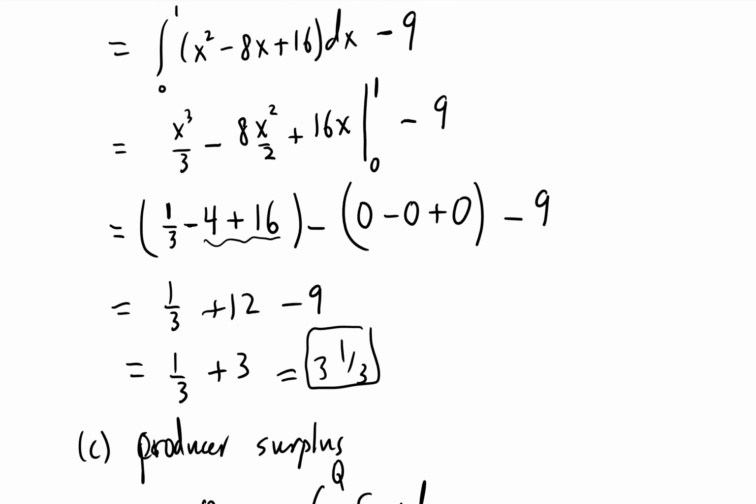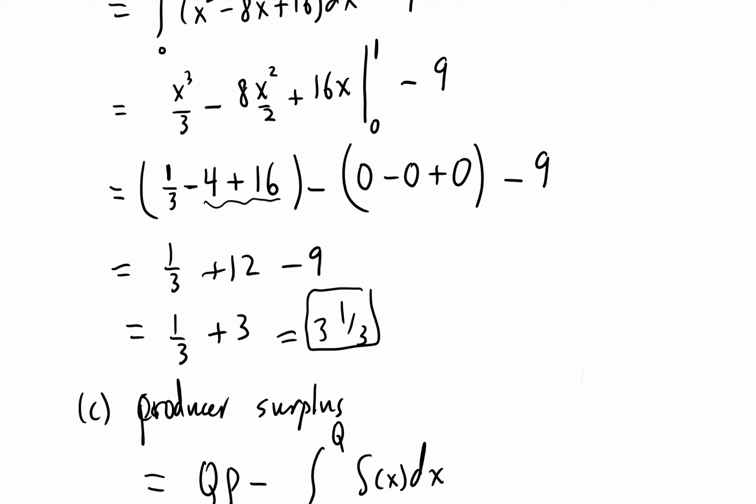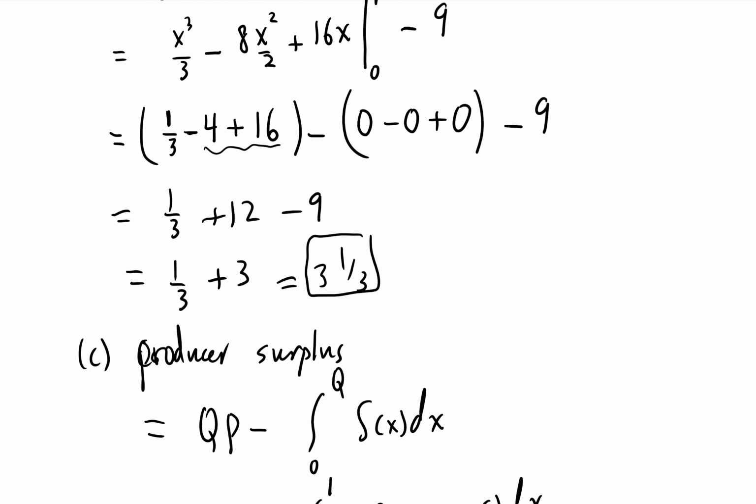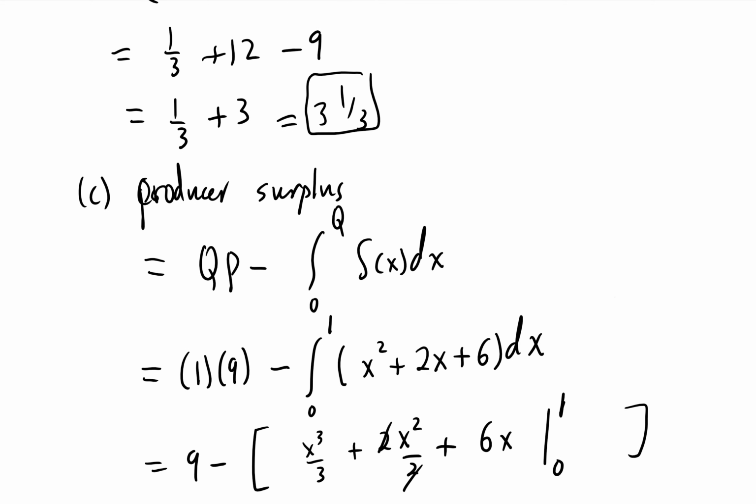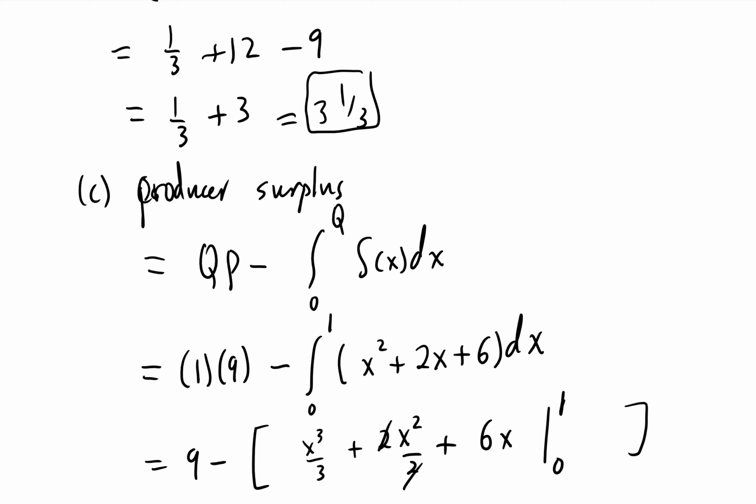Now we need to find the producer surplus. The formula for that we introduced today, QP minus the integral from 0 to Q of S of x dx. All these are given, we just substitute them in. And we need to find out how to integrate this or find the antiderivative.